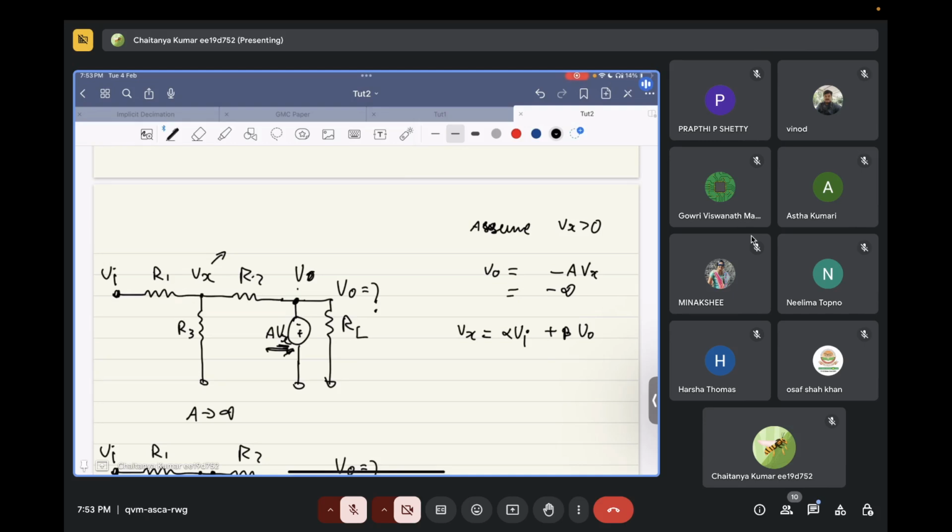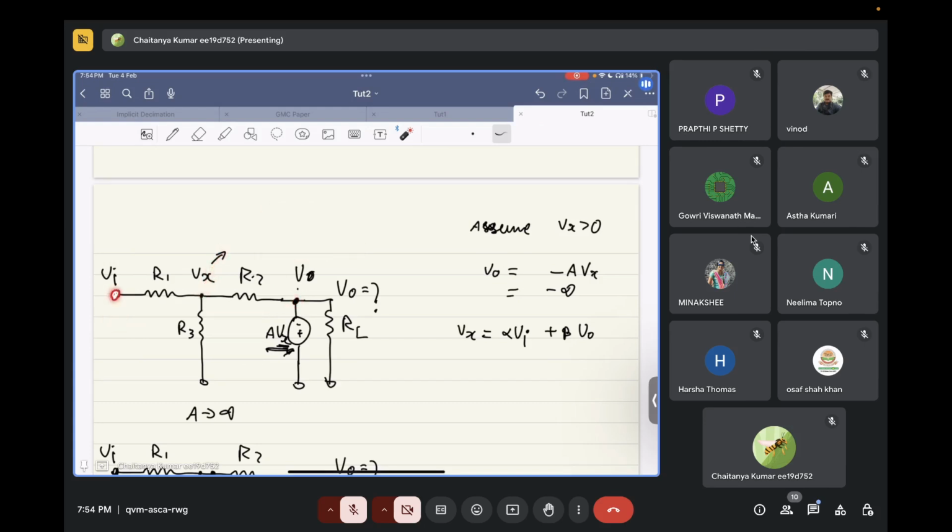You can use superposition in this particular network. First assume Vi to be 0 and V naught to be non-zero. Then this node will be R1 parallel R3 divided by R2 plus R1 parallel R3, the resistor divider.